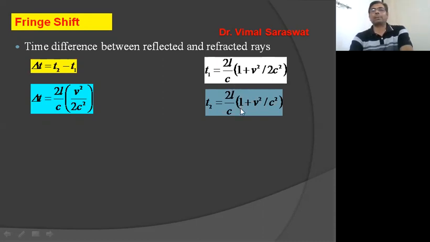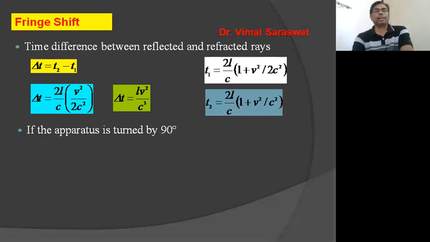So 1 and 1 will be cancelled out, and v²/c² minus half v²/c² will be half v²/c². So ΔT equals 2L upon c, v²/2c². 2 and 2 will be cancelled out, and this c and c² will be c³. So ΔT is equal to Lv² upon c³.